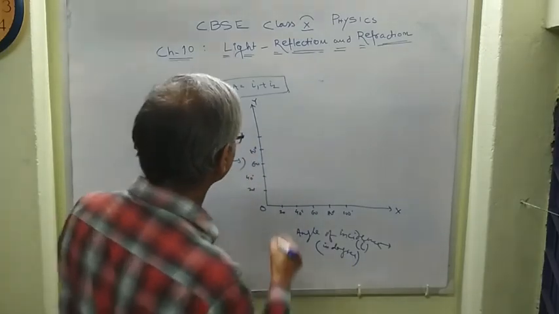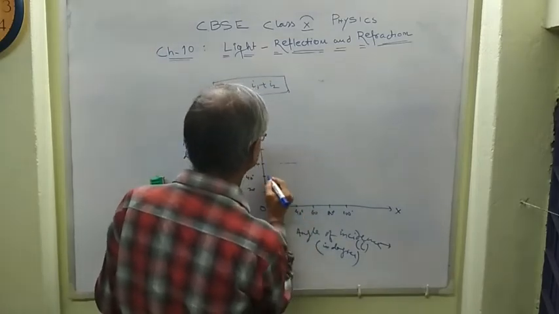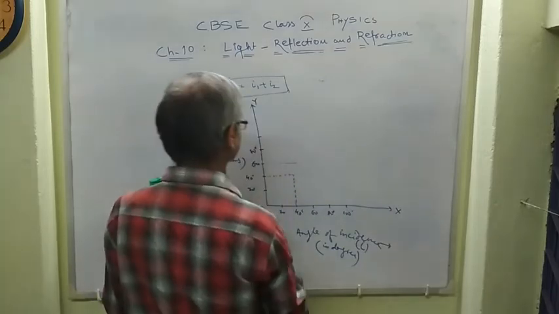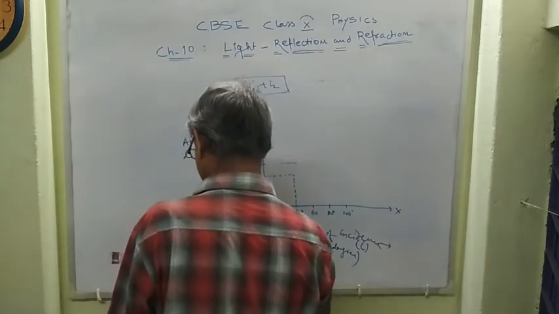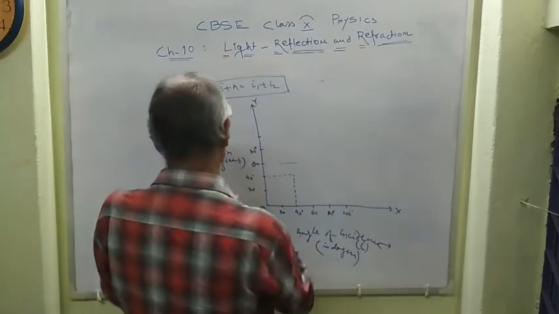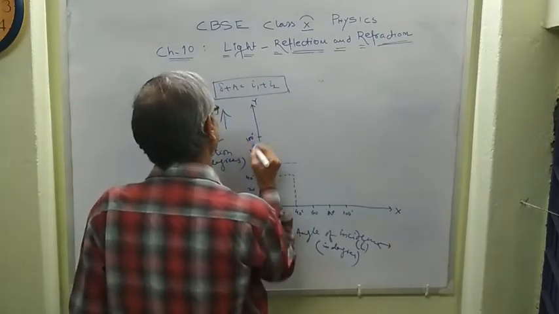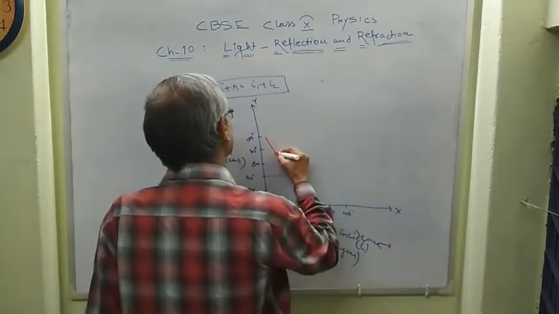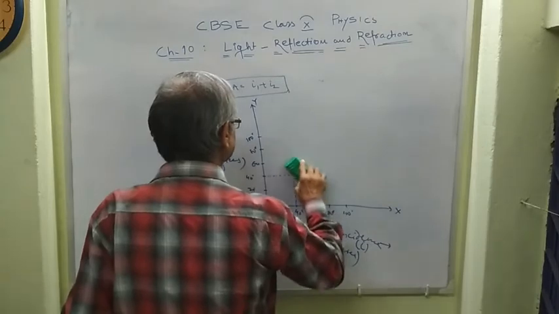Here the nature of the graph will be like this.